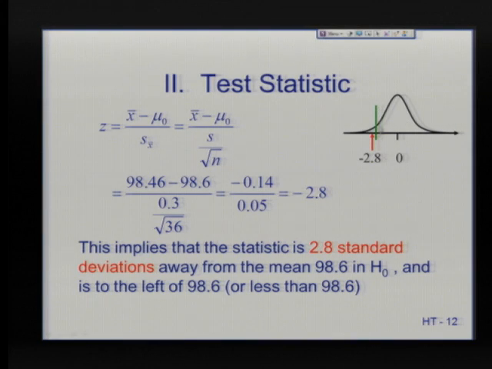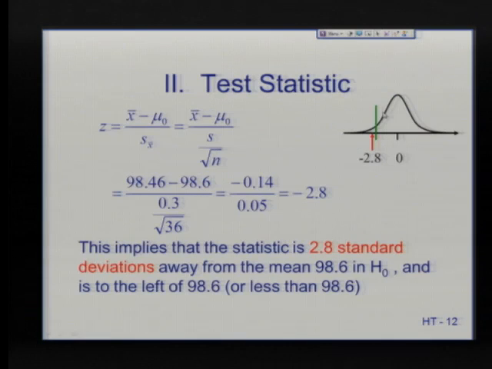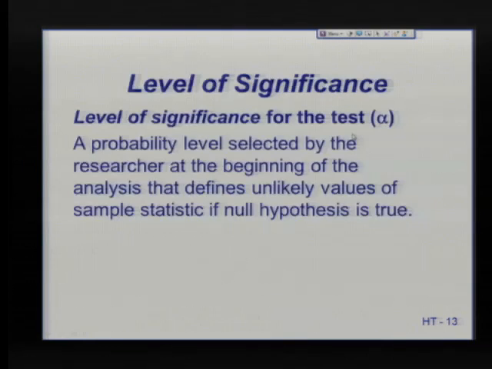We call it the critical value, to help us make a decision, right? If your evidence passes the cutoff point to the left, in this case, you're going to say we reject the null hypothesis. How do we decide this cutoff point? It's based on the level of significance of the test. We call it alpha, okay? If your evidence is so extreme that it lies in the tail with alpha proportion of the distribution, and we say the evidence is extreme, we're going to reject the null hypothesis, right?